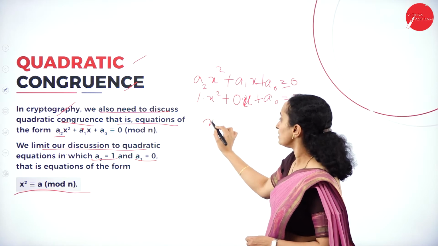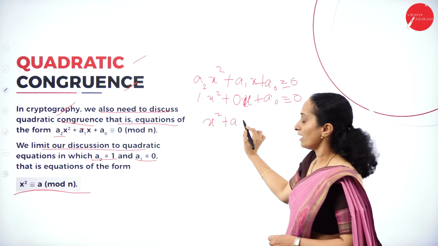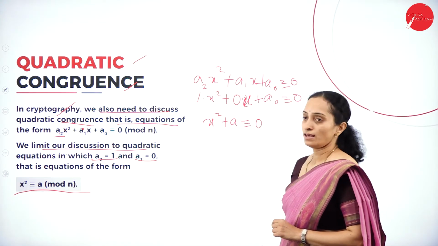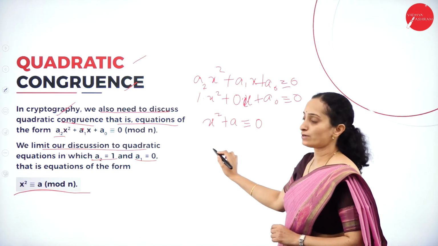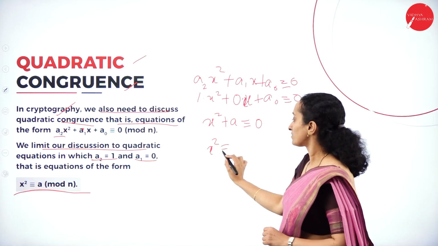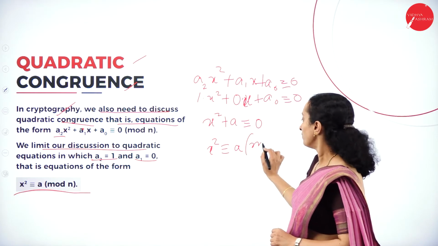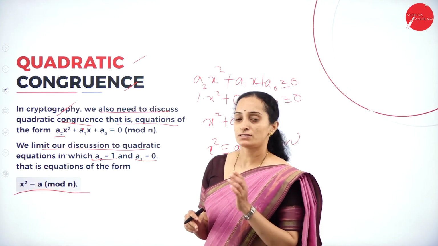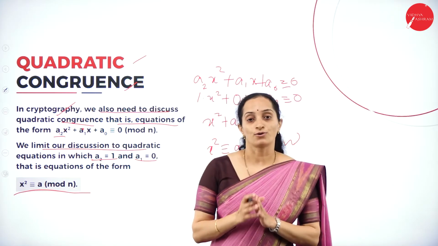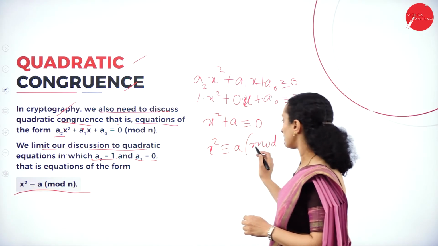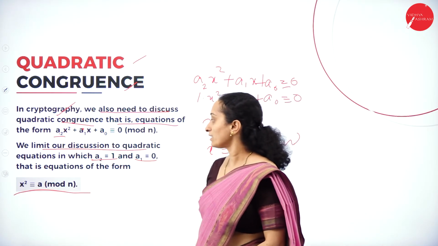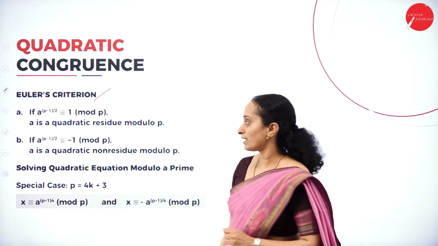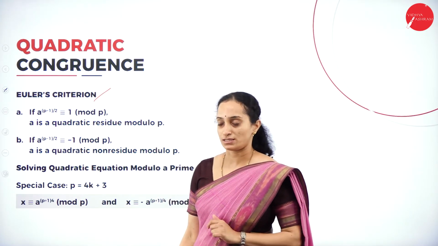Now x square plus a, since there is only one value, no need of specifying the 0. x square plus a congruent to 0, or you can take it as x square congruent to a mod n. Even though the sign will become negative, since the congruence takes only positive integers, we take the value a for the quadratic congruence. For this, we use Euler's criterion. We use the concept of Euler's theorem here.